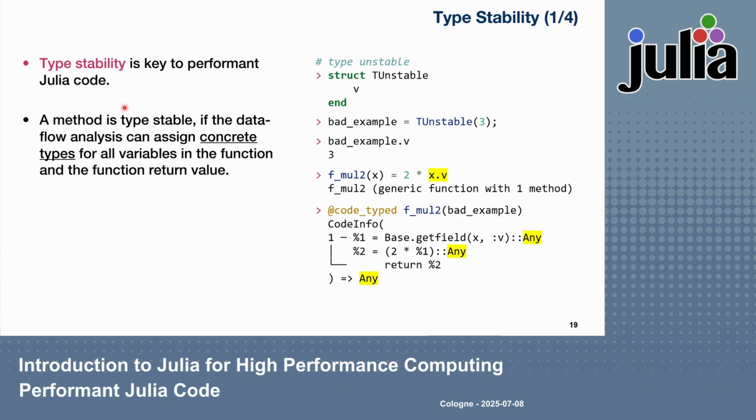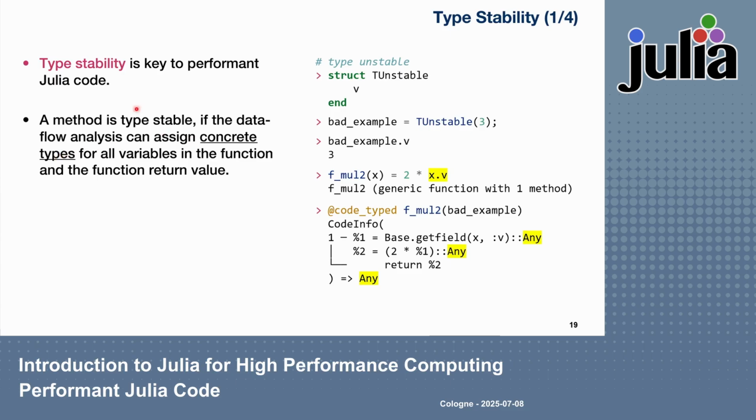So if a method is type stable, then the compiler will assign the so-called concrete types. Concrete types means 64-bit integer or 64-bit floating point numbers, or you can think of those concrete types.